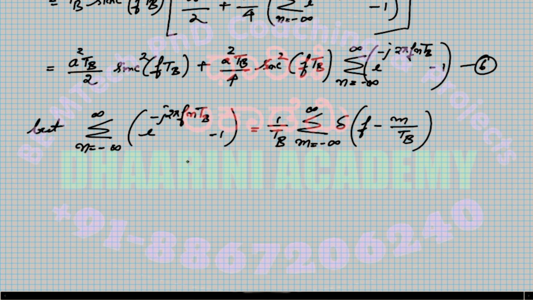This has a name. This is equation 7. This is called the Poisson's sum.